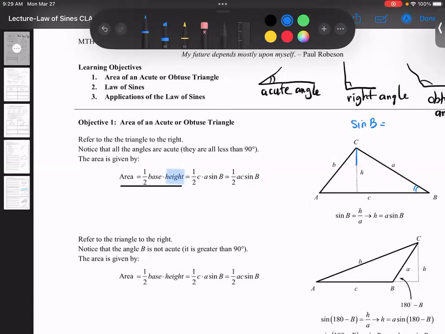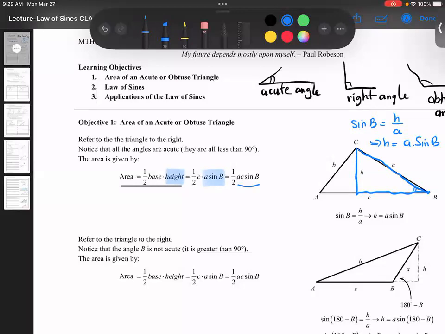If you look at this angle right there in blue, sine of B is equal to H divided by A. Opposite divided by hypotenuse. Then if I solve for H, H equals A times sine B, right? So I'm going to replace H with A times sine B. Or I rearrange things around, A times C is the same thing as C times A, so 1/2 AC sine B.